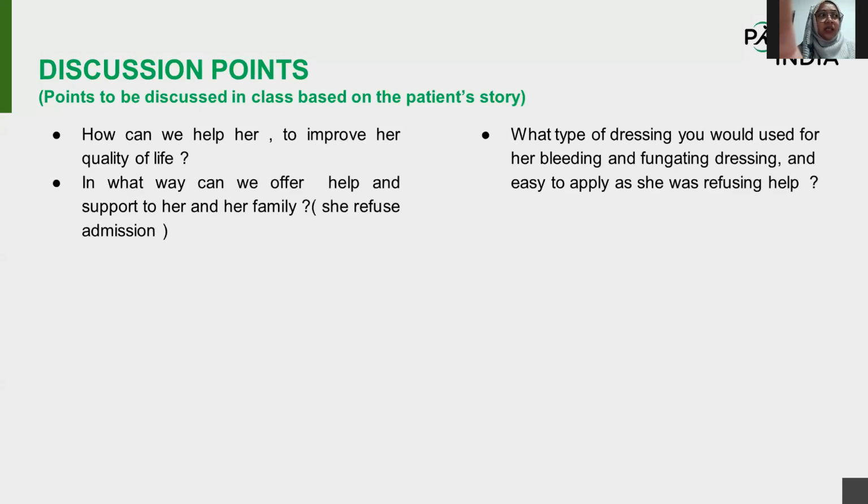You just clean the wound with the green tea water, because it helps to reduce the odor. Does it answer your question? Because of the foul smell, you can clean with green tea water, right, sister? Yes. Okay.